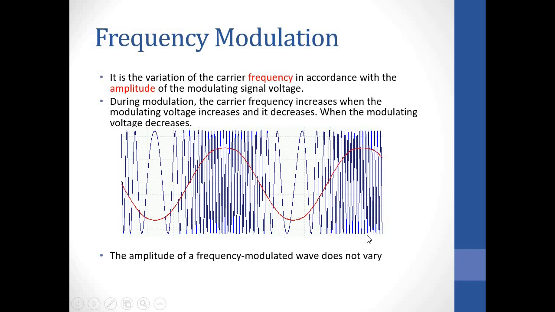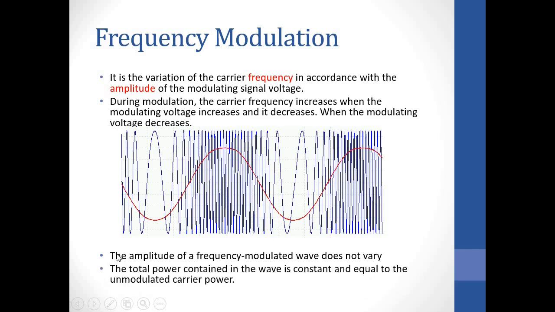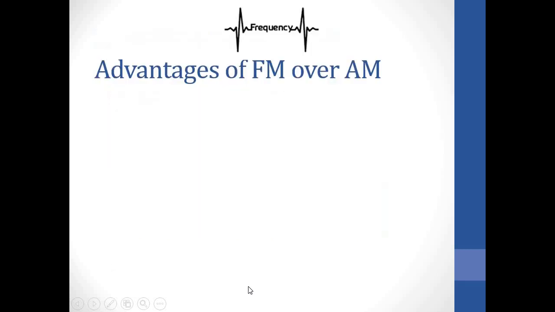But in this case, we have a constant amplitude, unlike in amplitude modulation where the amplitude is varying. So the total power contained in the wave is constant and is equal to the unmodulated carrier power.